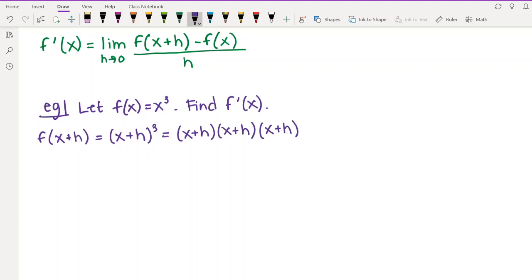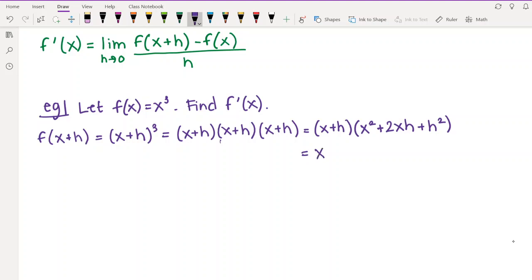And there's a variety of different ways to multiply this out, but the way that I'm going to do it is we can first multiply together these second two, and then multiply that together with x plus h. So if you multiply just the second two together, you'll get x squared plus 2xh plus h squared. And now we can multiply in the x plus h.